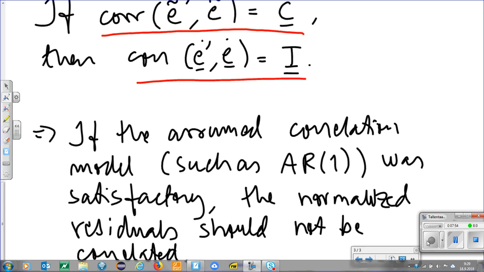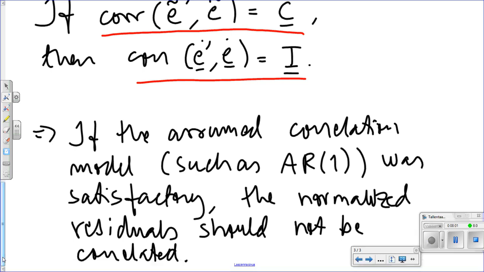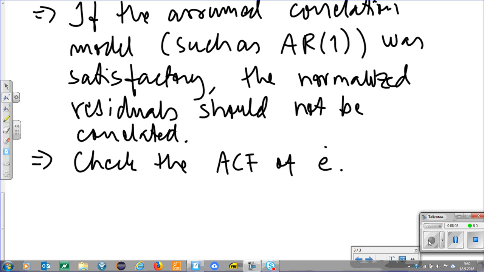So if the assumed correlation model, such as AR1, was satisfactory, then the normalized residuals based on that model should not be correlated. And therefore we should check the autocorrelation function of the normalized residuals in that case.